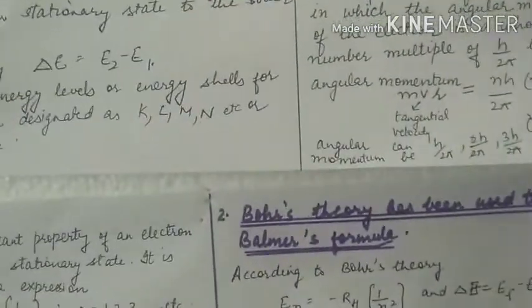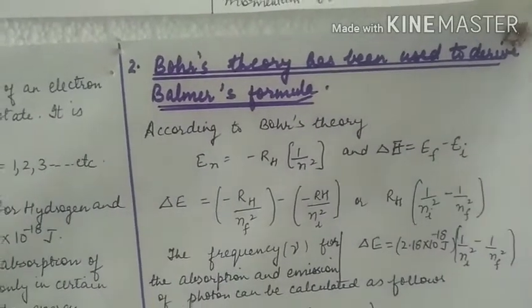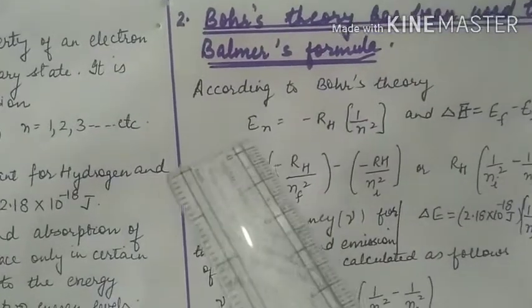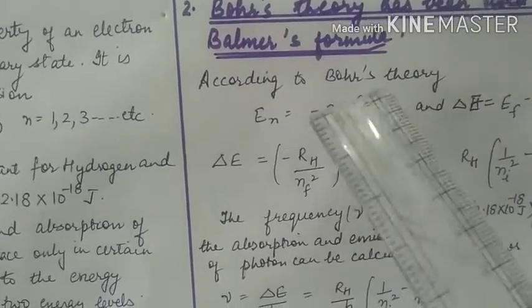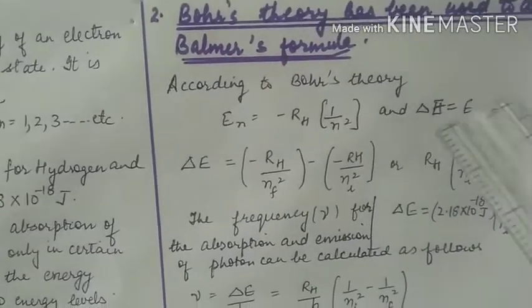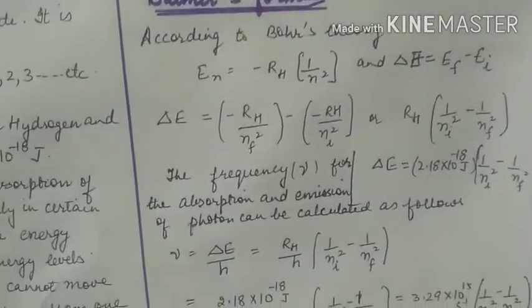The second achievement is that Bohr's theory has been used to derive Balmer's formula. According to Bohr's theory, we have seen that En is equal to minus RH into 1 upon n square. And we also know that the change in energy is energy of final minus energy of initial state.